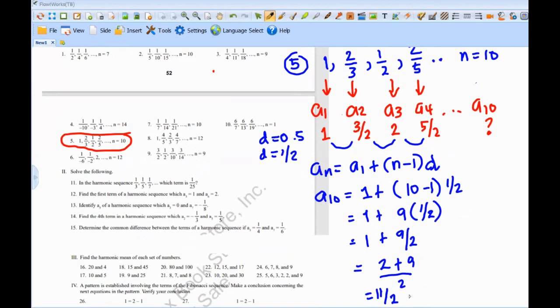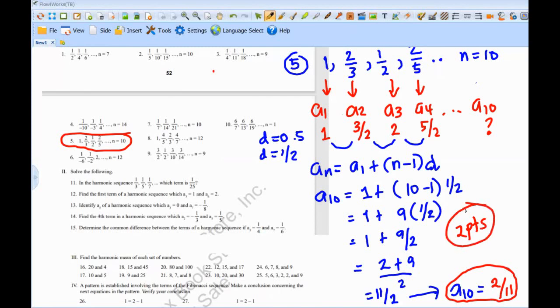So therefore, our a sub 10 is, Rainier, what's the value? Sir, 2 over 11. We will get the reciprocal of it, so 2 points for this. Who got this answer?